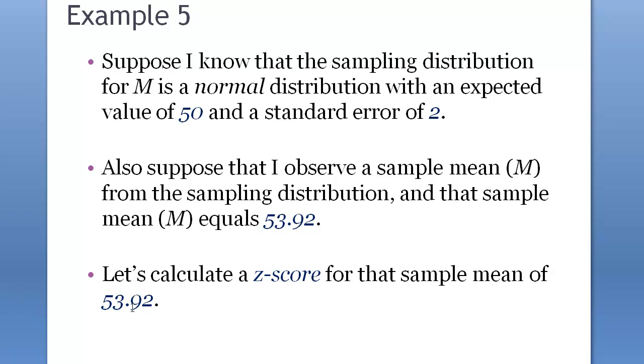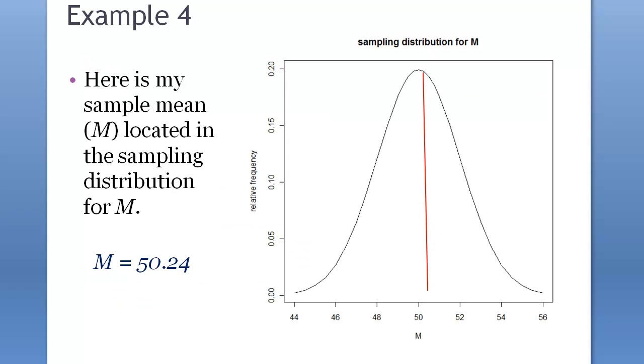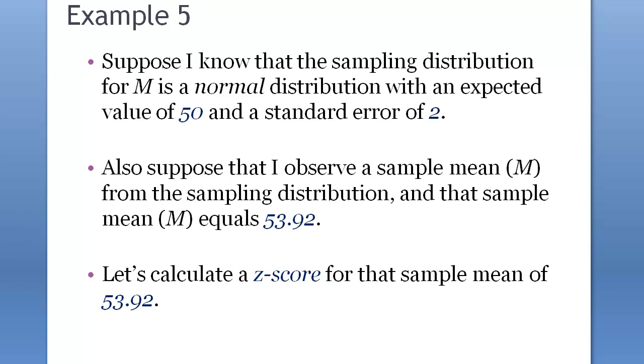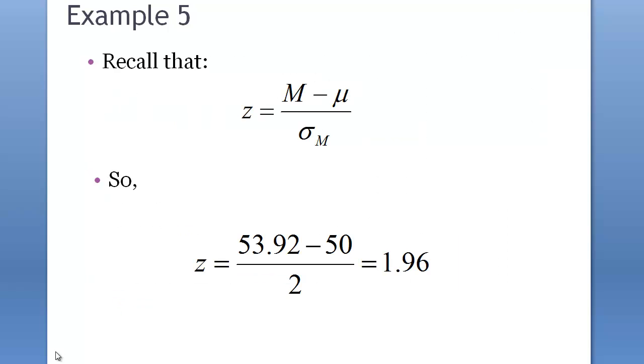And so to calculate the z-score for this particular mean in the distribution of sample means, it's 53.92 minus 50 divided by 2, right? So 1.96.